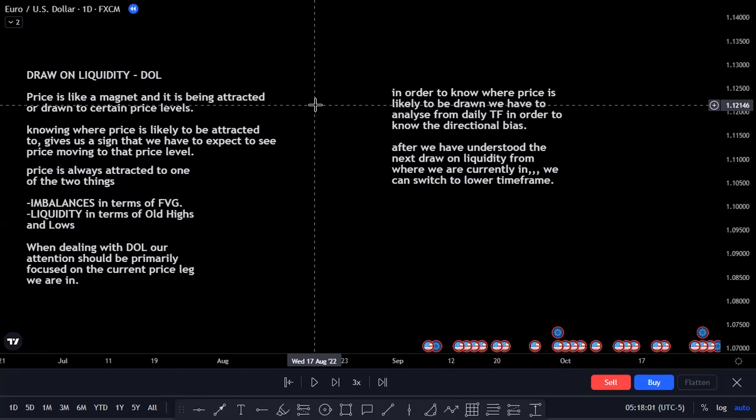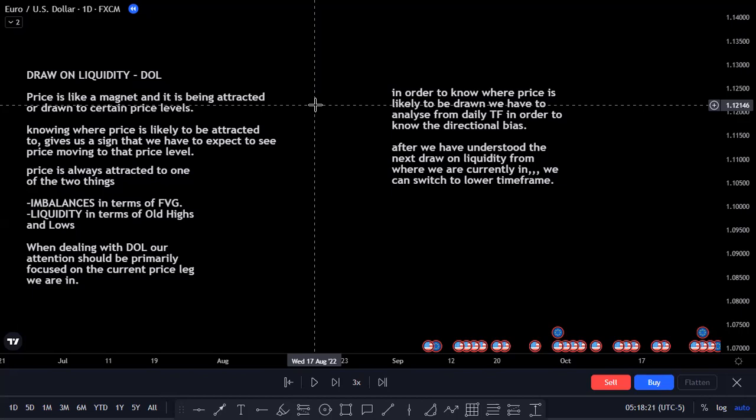Where exactly is price always attracted to? Price is always attracted to one of two things. It may either be an imbalance, in terms of a fair value gap, or it may be a liquidity area, in terms of all the highs and all the lows, the equal highs and equal lows.